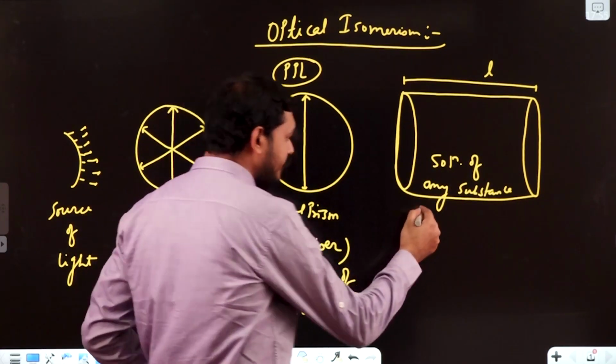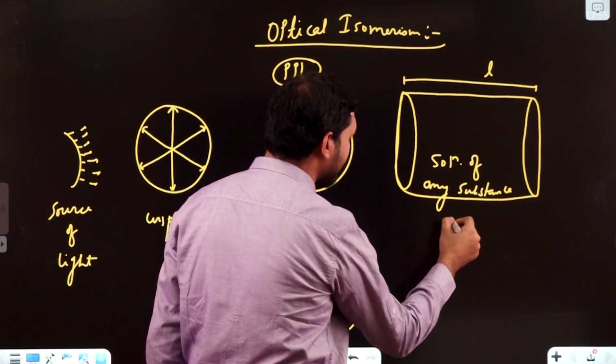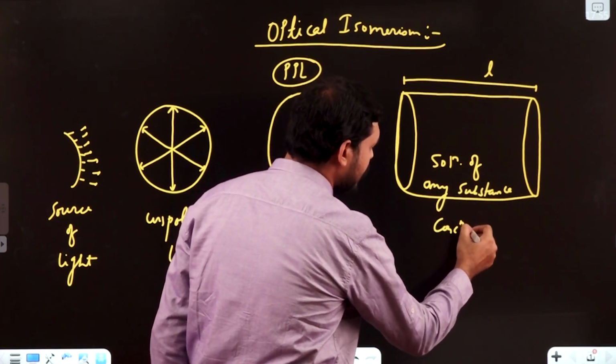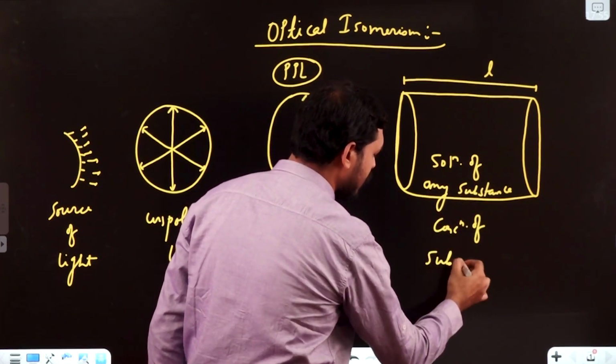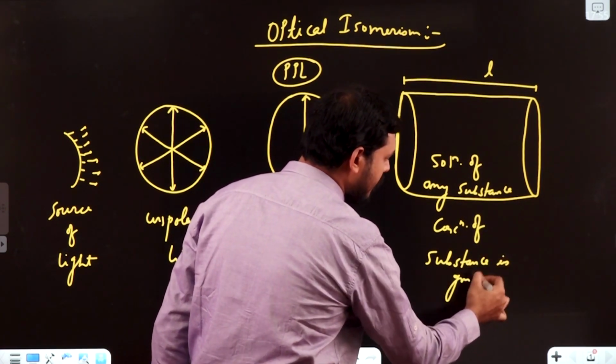The length is L and the concentration of the substance is in gram per ml.